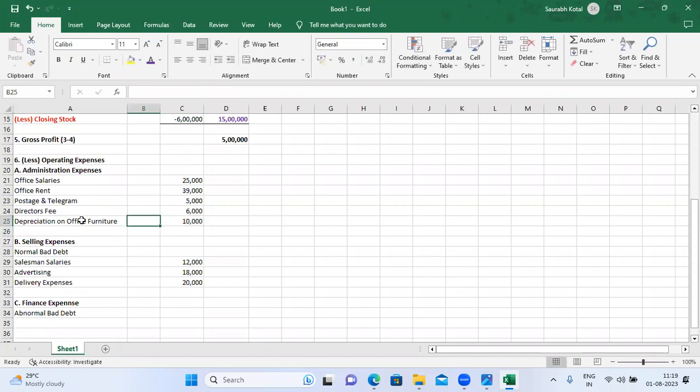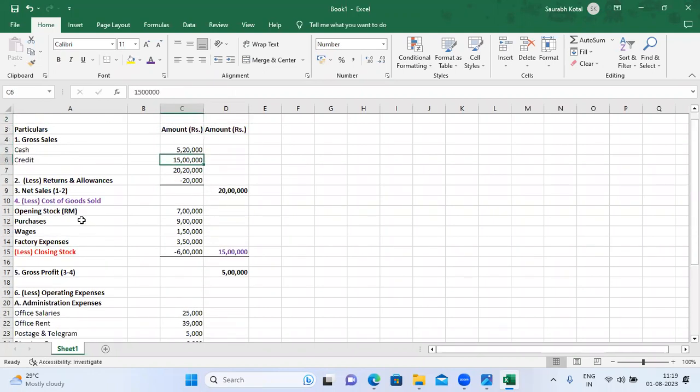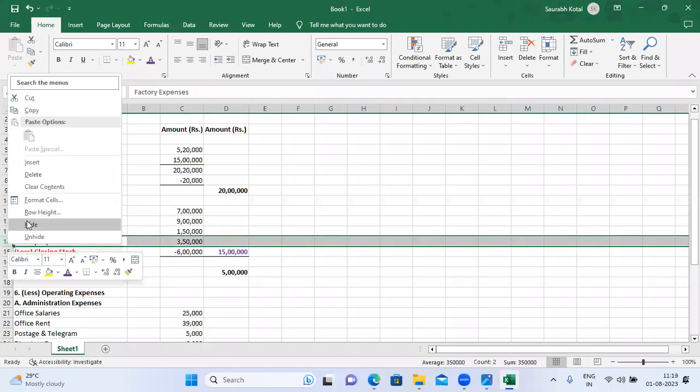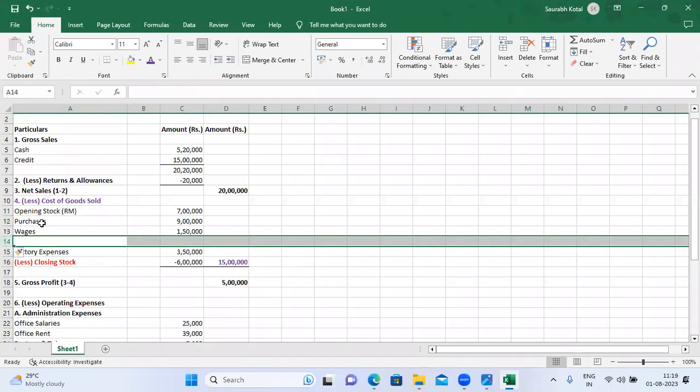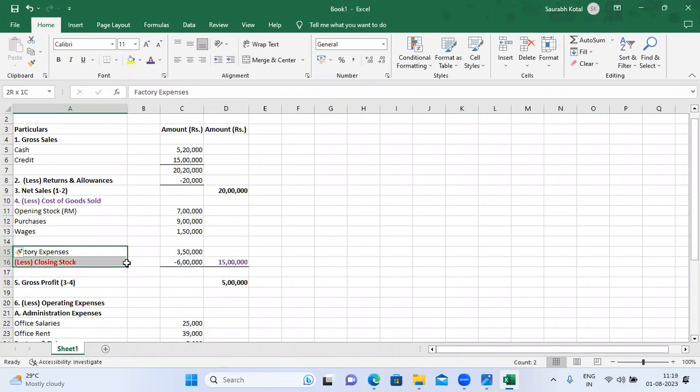Okay. What next? The next is depreciation on plant. If I'm talking about depreciation on plant, it means it is a part of cost of goods sold, isn't it? When I see my cost of goods sold, I should have included it, and I haven't included it.